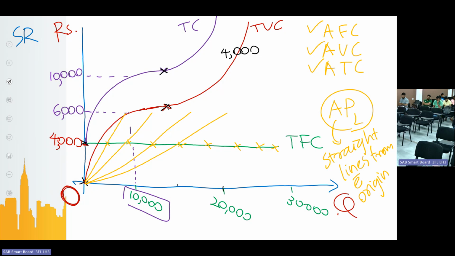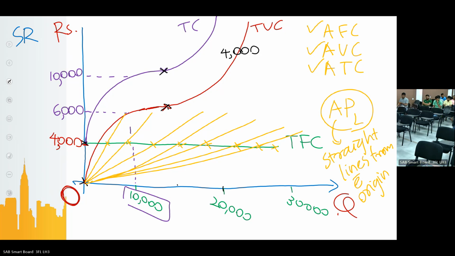They are straight lines, okay? In my case, they don't seem like straight lines, but they should be straight lines. From the origin. And measure their slopes.